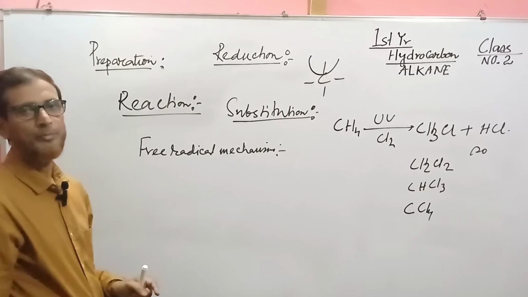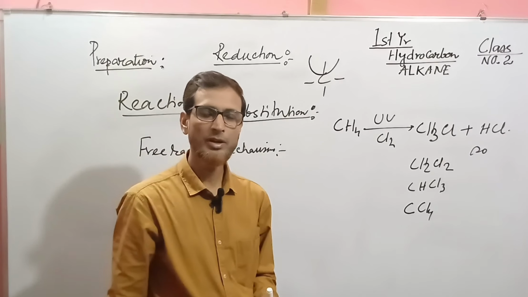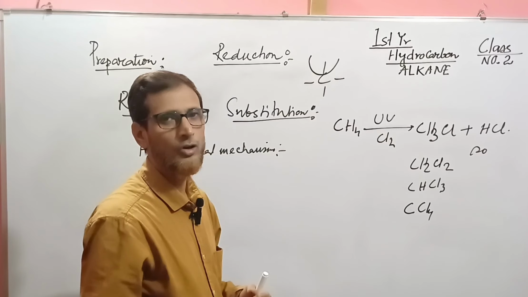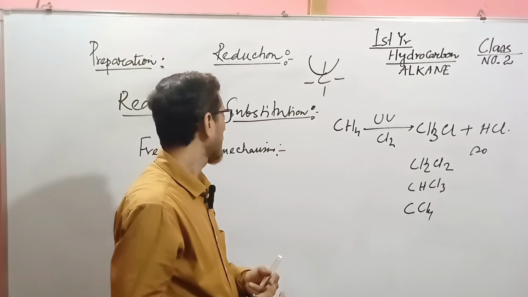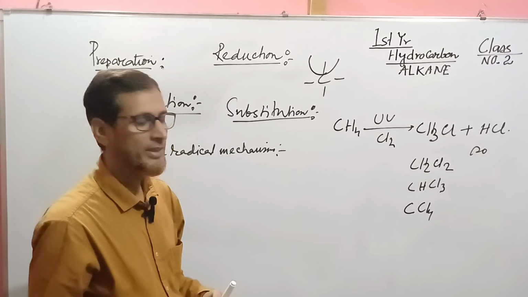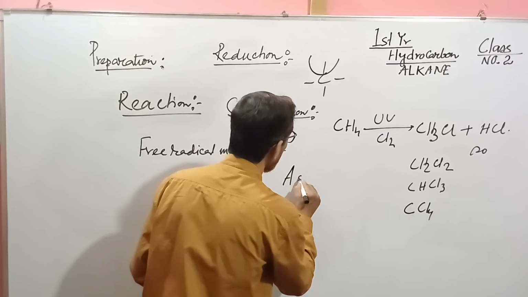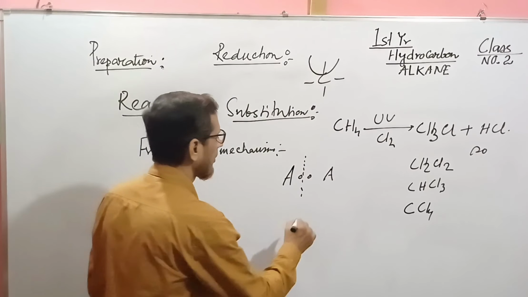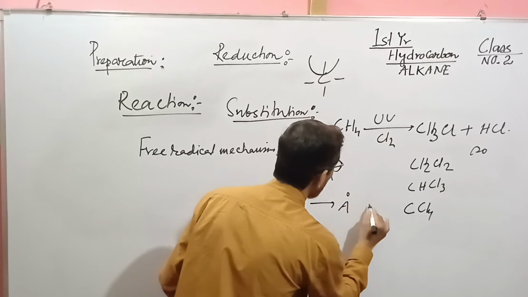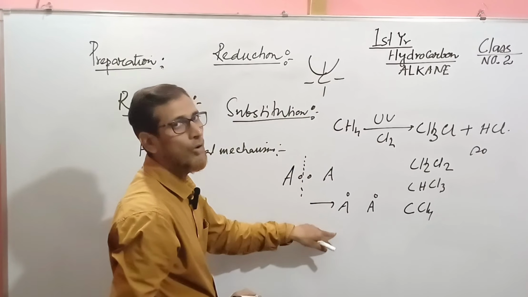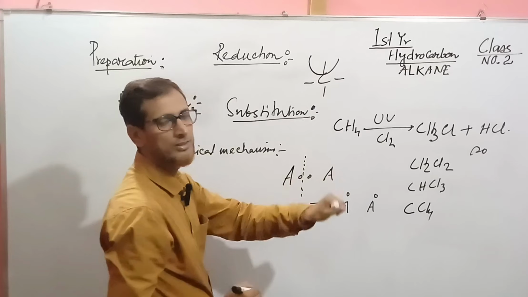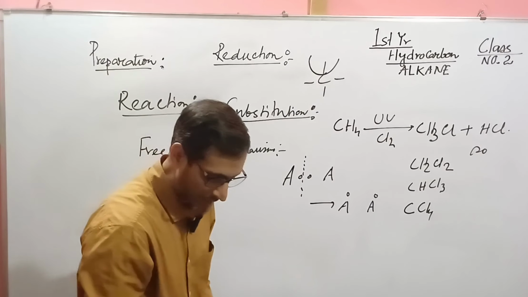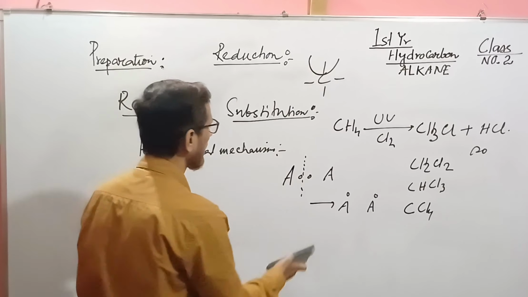Free radicals are the species which are generated when a covalent bond undergoes homolytic fission. When a bond is broken homolytically, say A bond with A, if the bond is broken here, that is called homolytic bond fission. One electron here, one electron here, that is called an odd electron species. These are free radicals. These radicals are very reactive. Am I right? So homolytic bond fission occurs here.